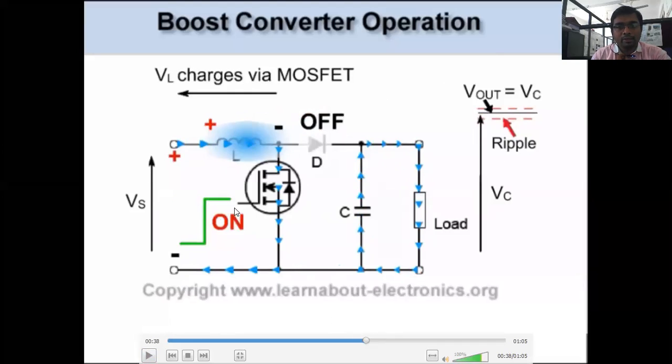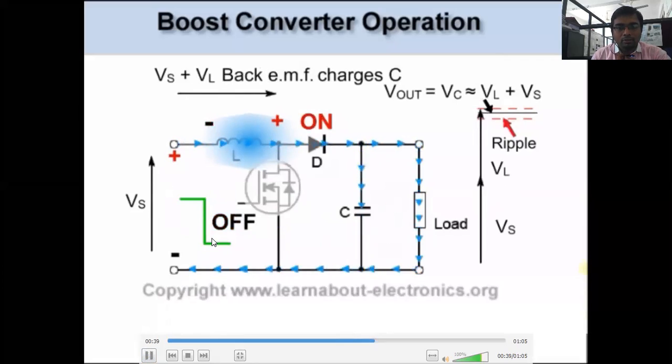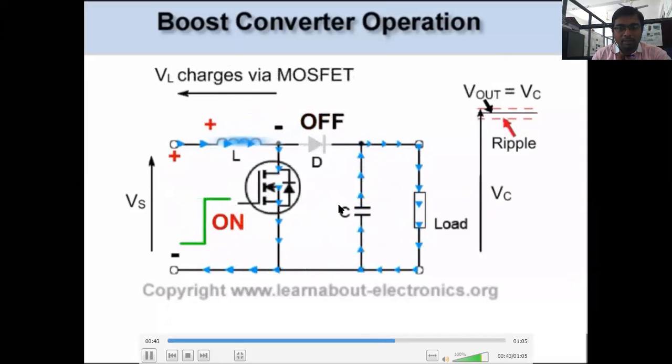You can see here that when the switch is on, the current path is in this particular direction, and the capacitor drives the load. But when it goes into the off condition, the current path changes. Now some part goes to the capacitor and the rest goes to the load.